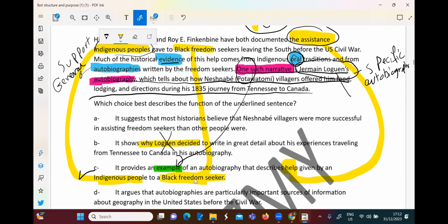If you compare this to B, what's missing here? The help. Exactly. Where is the help that the indigenous people gave to the Black freedom seekers? It's not mentioned here. So that's why C is the answer.